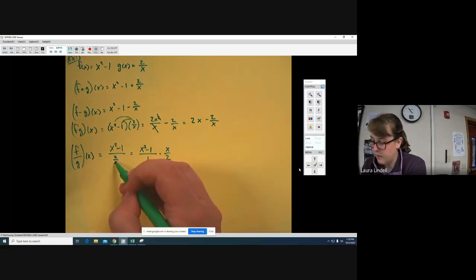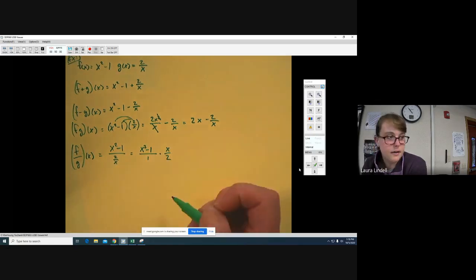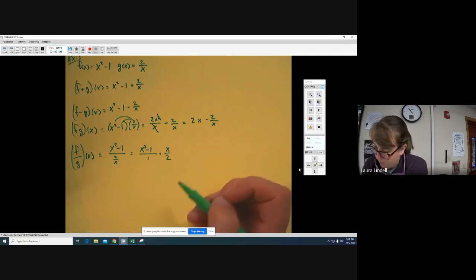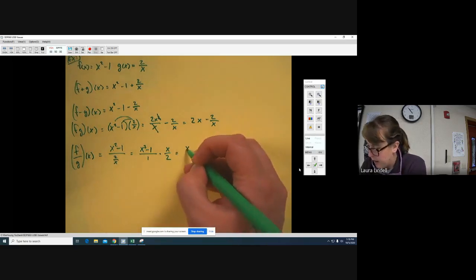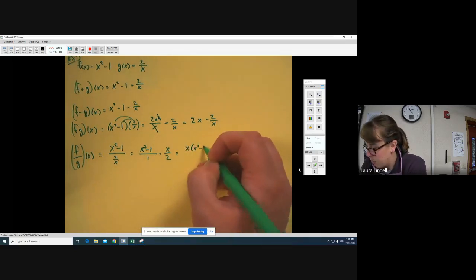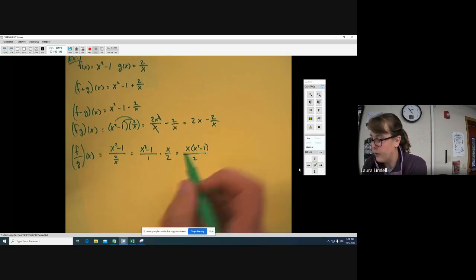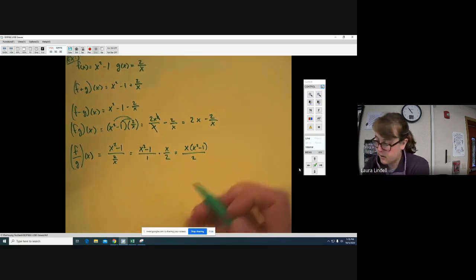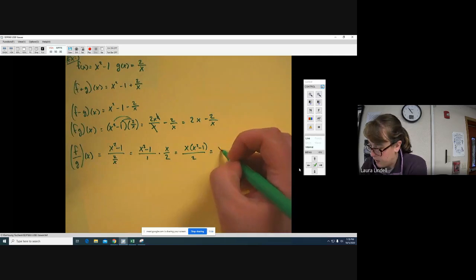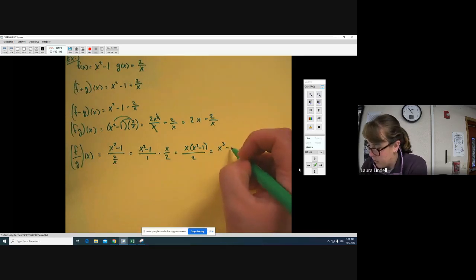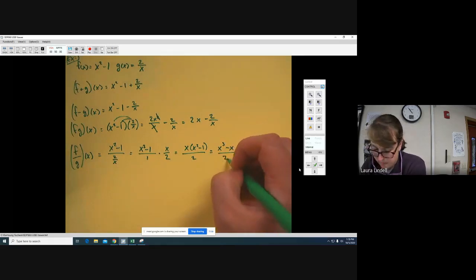So we just flipped this fraction and multiplied. So now we have this x times x squared minus 1 over 2, because you just multiply across. And we get x cubed minus x over 2 for our answer.